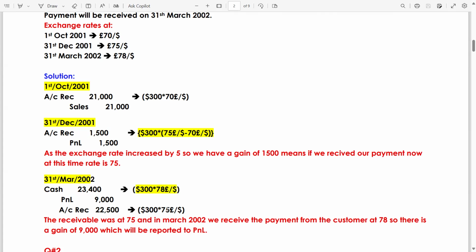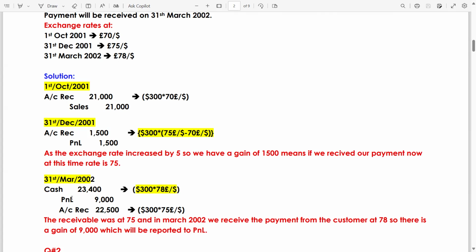Why 75? Because last time the rate for the account receivable was 75. One more thing you can do: on 1st October the account receivable is 21,000 and on 31st December it increased by 1,500, so 21,000 plus 1,500 is 22,500.